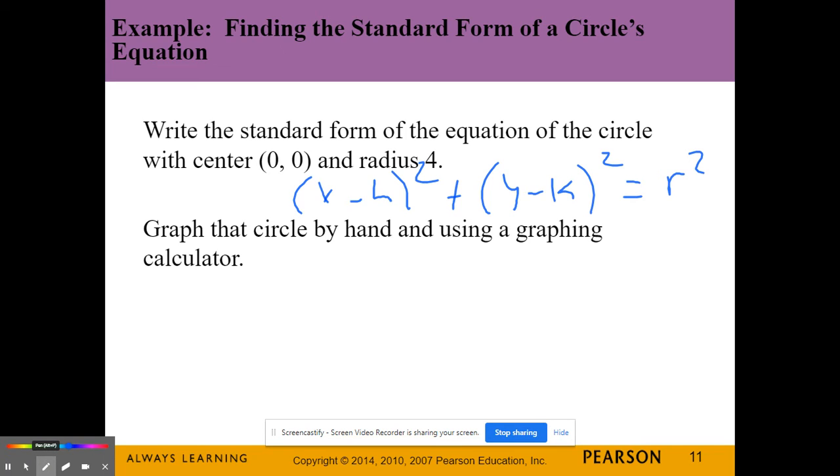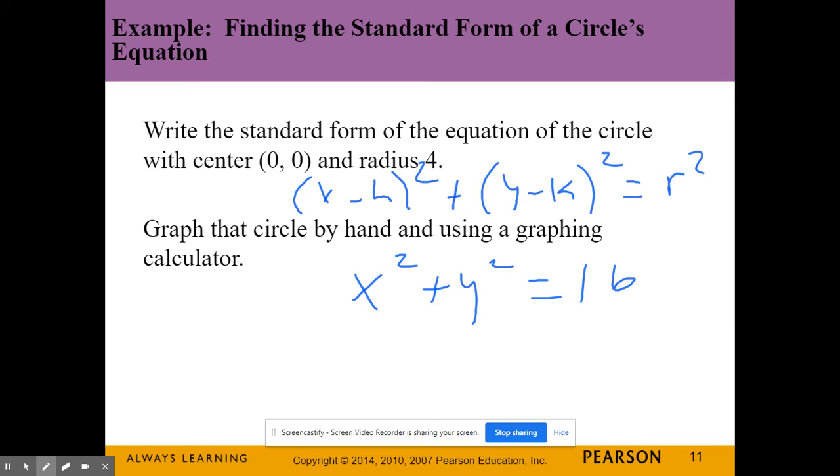Well, in this case, the h and the k are both 0, right? That's what was given here. The ordered pair of the center is (0, 0), so h and k. So really, the equation is going to be just x squared plus y squared equals r squared. So if r is 4, then r squared is 16.